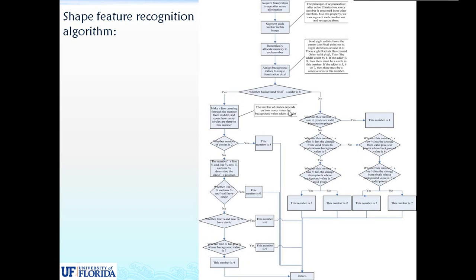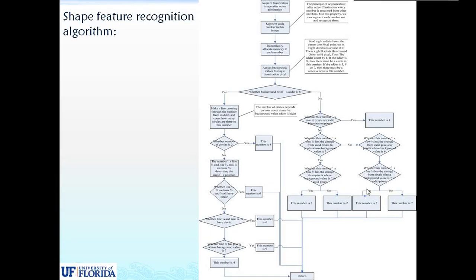And back to this point. If the background pixel number is not 8, then we determine whether this number's row 1 pixels are valid binarization pixels. If yes, we can determine this number is 1. And if no, we do another process.